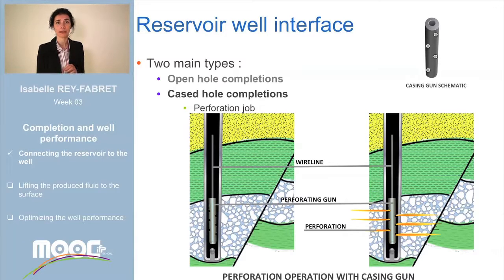This consists in perforating the casing, the cement, and the rock using a gun suspended on a cable at the reservoir level. This is the most frequently chosen connection. It enables efficient management of the well's stability and is well adapted in the case of a well connected to more than one production zone.